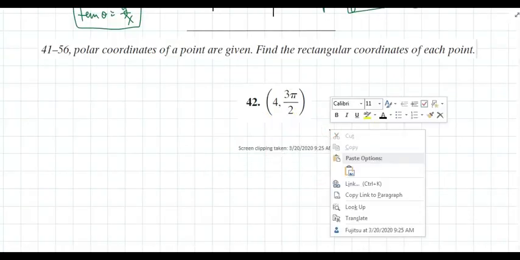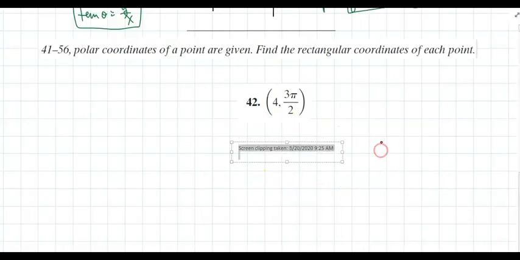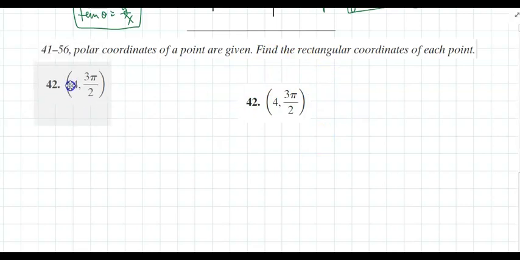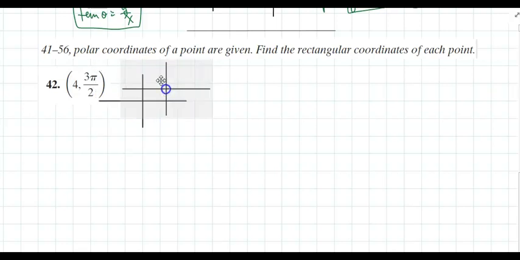A couple of ways you could do this, and I don't mind how you do it. One way you could plot the point and figure that out if you wish. That is, you could say, I'm going to rotate 3 pi over 2.